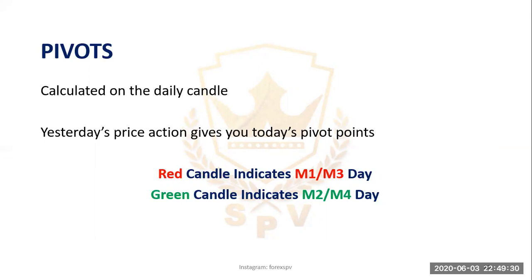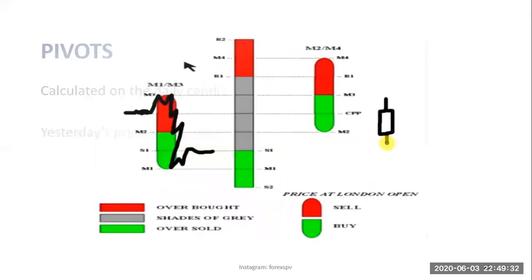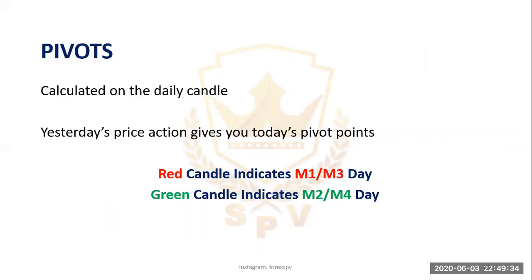And if you are a black and white trader, then when a red candle is closed today, you should expect tomorrow price to move M1 going to M3 or M3 going to M1. If the candle has closed green, then tomorrow you should expect an M2, M4 day.